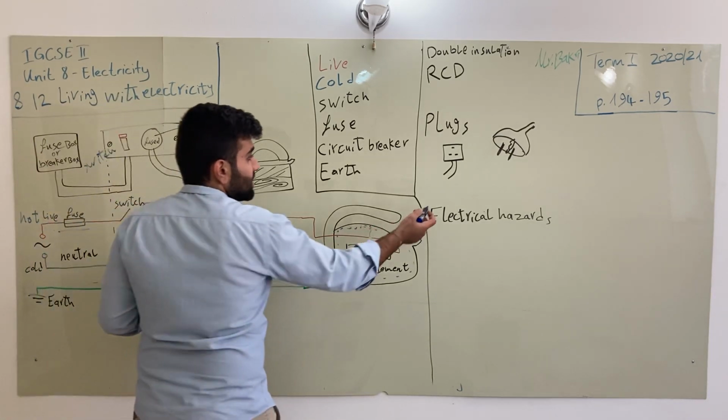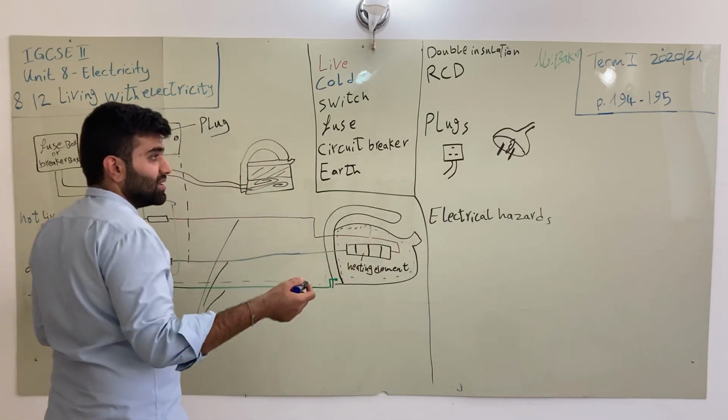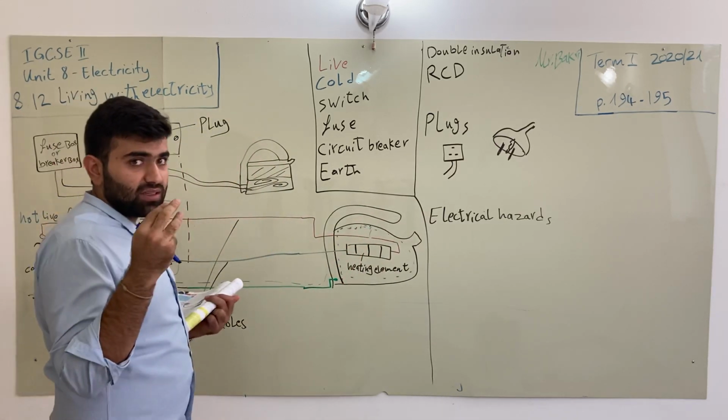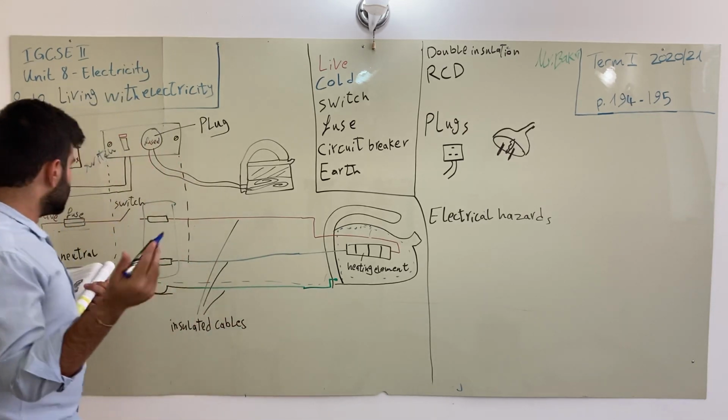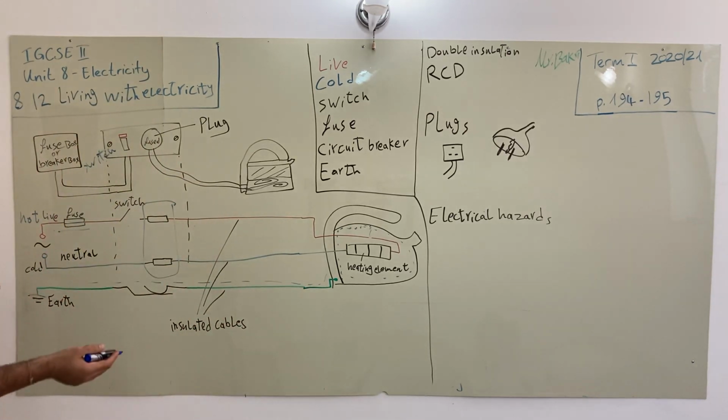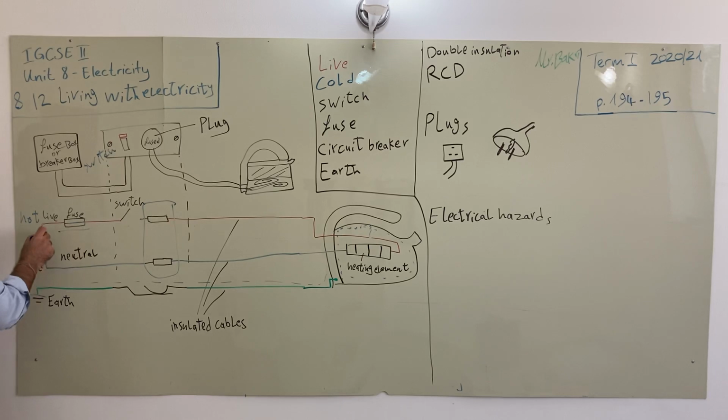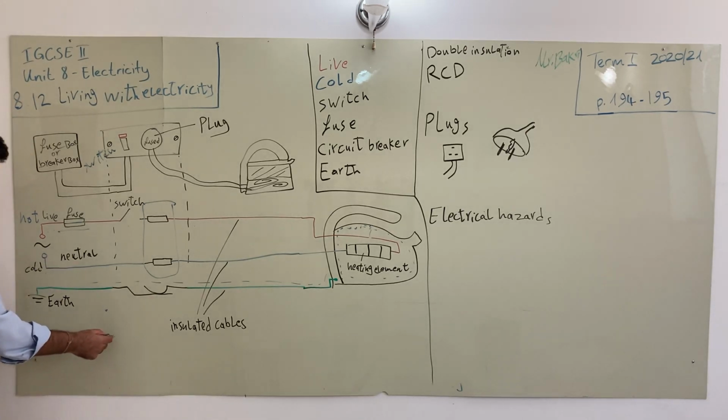So we see we have two types of plugs. One has three pins, the other one just two. The three-pin one is the most usual here. One is for the hot, one is for the cold, and one for the earth. Usually the top one is for the earth, and the second and the third are for the hot and cold.